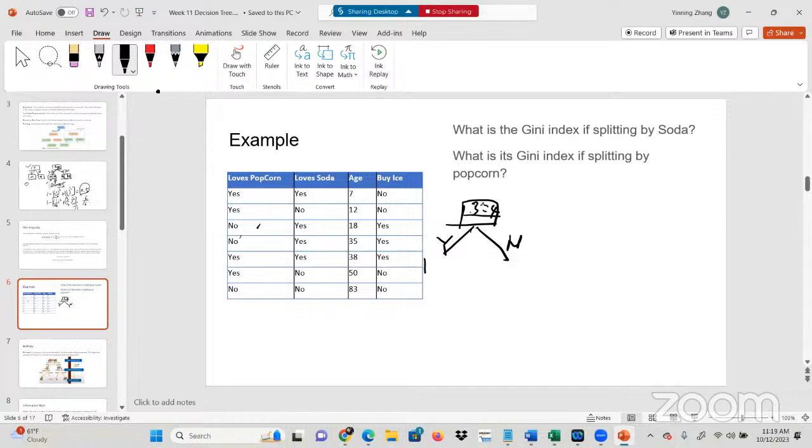After we divide by yes, divided by love popcorn, how many buy ice cream, how many didn't? For those who love popcorn, how many buy ice cream, how many didn't? See, these are the cases who love popcorn, right?